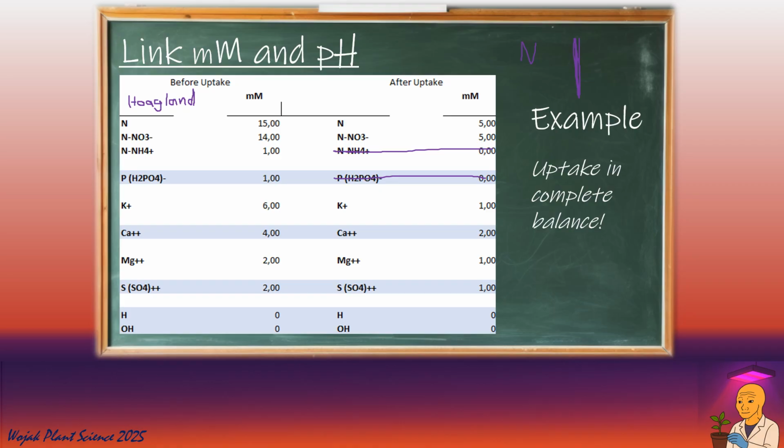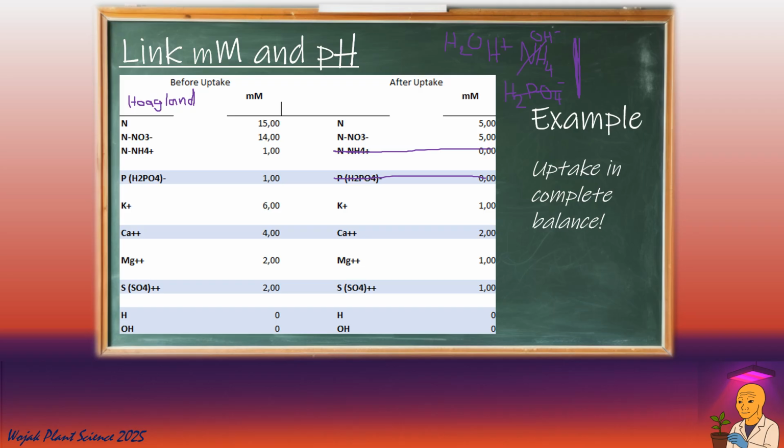So for the ammonium, if this is gone, you receive H plus, 1 millimole. And for H2PO4, which is 1 minus, you basically receive OH minus, and then we have a water molecule.